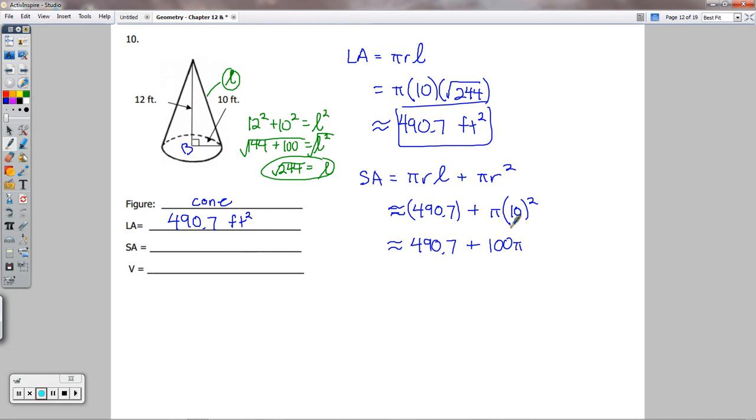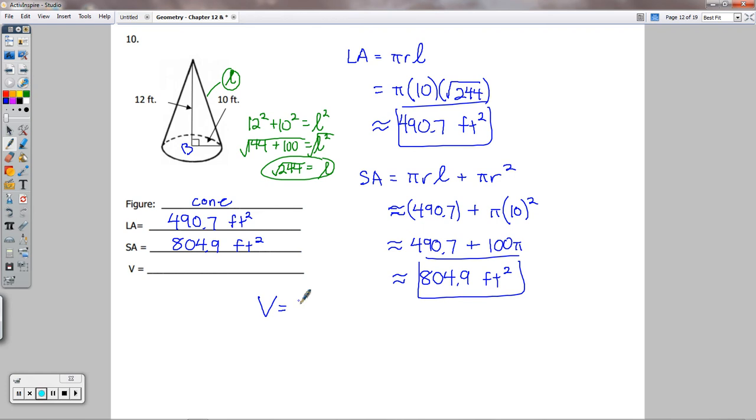So this will give me my best answer, plus 100 pi, approximately 804.9. So 804.9, and that is feet squared once again for an area. So 804.9 feet squared.